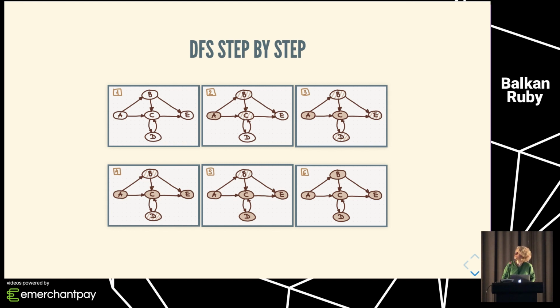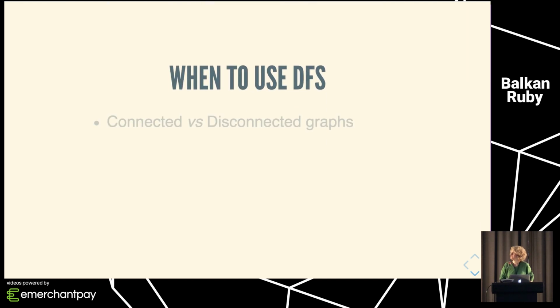We go from A to E, then we step back and visit the neighbors of the node C. This way of traversing a graph is very useful to check how our data is connected, for example, to find if our graph is connected or disconnected.